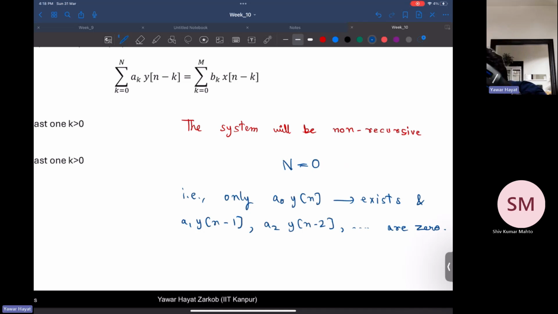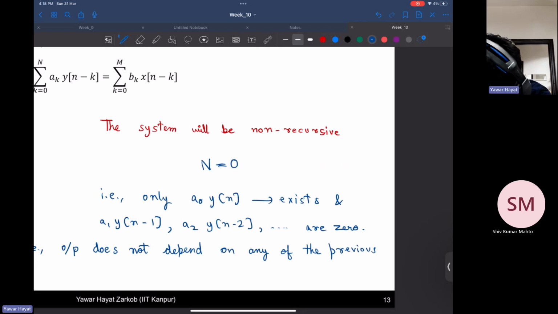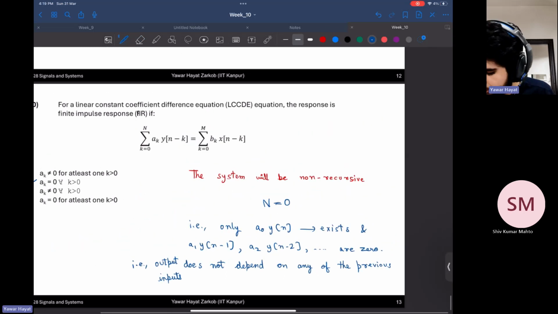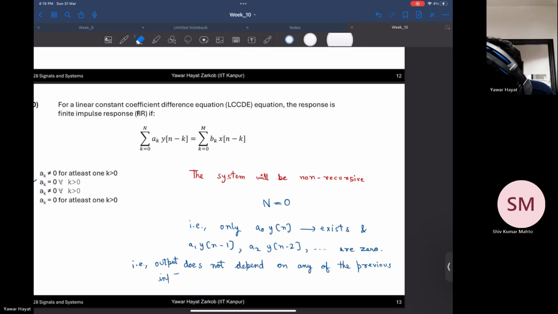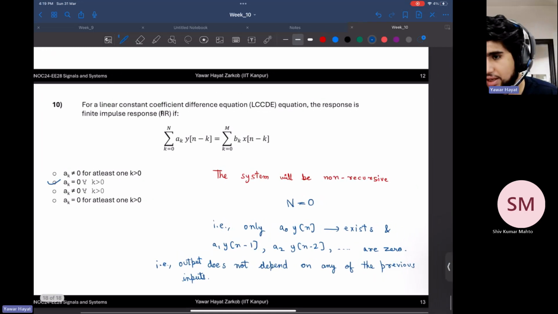That is, your output does not depend on any of the previous outputs. And when the output does not depend on any of the previous outputs, we have a non-recursive system.